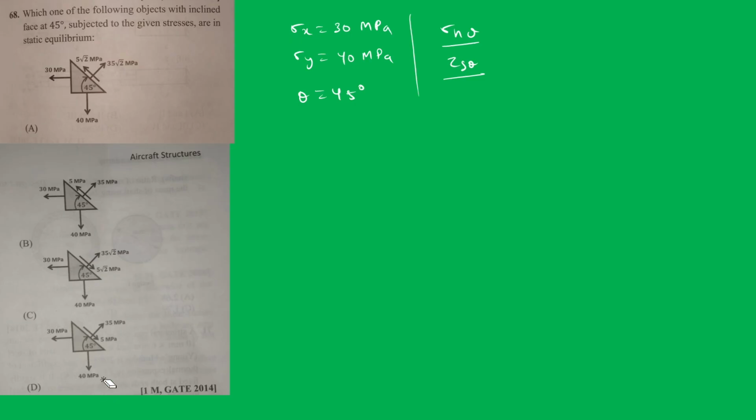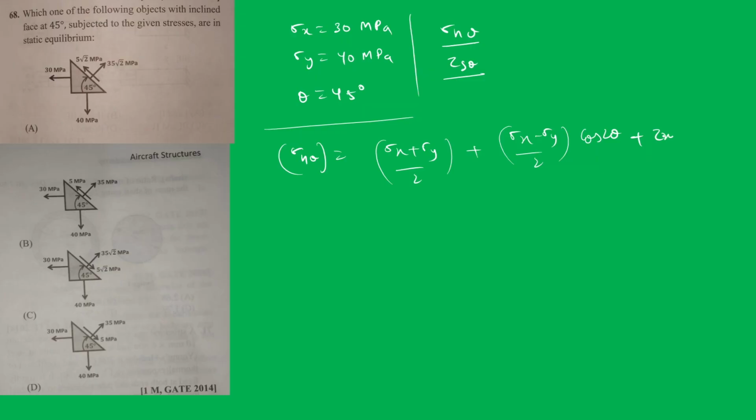If you have understood this much, then what is the formula of sigma n theta? You already know, right? Sigma x plus sigma y by 2, plus sigma x minus sigma y by 2 cos 2 theta, plus tau xy sin 2 theta. So this is the formula for sigma n theta. Now what is tau s theta?